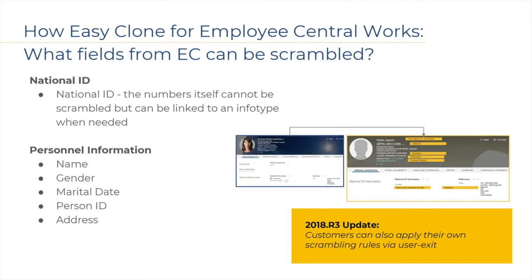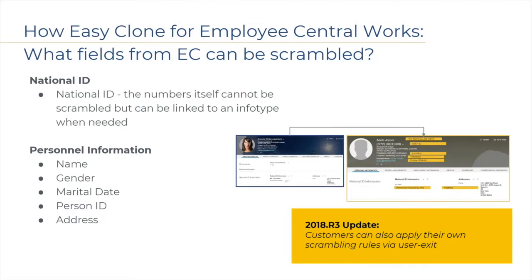And not only can the data from the payroll system be scrambled, whether that's on-premise or ECP, there are special rules in place with our tool to also scramble the Employee Central master data. Our pre-delivered scrambling will protect those data fields listed here, such as name, gender, address.